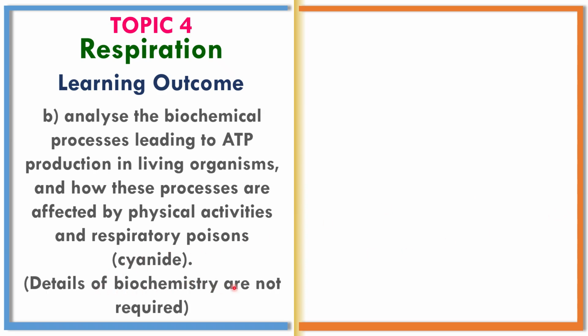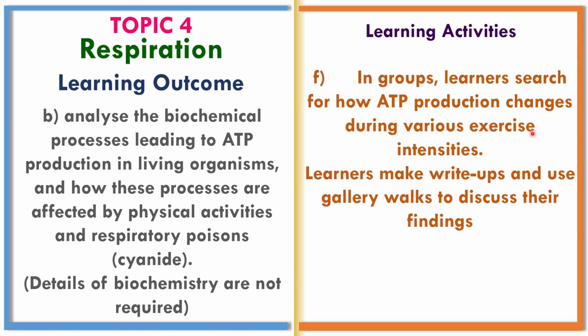Details of biochemistry are not required. We are looking at the learning activity F. In groups, learners search for how ATP production changes during various exercise intensity. Learners make write-ups and use gallery walks to discuss their findings.